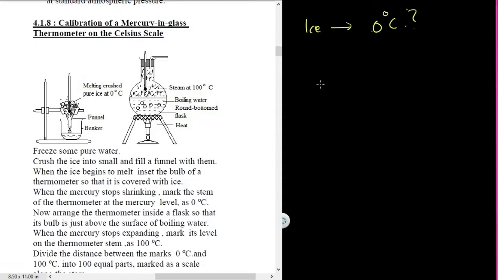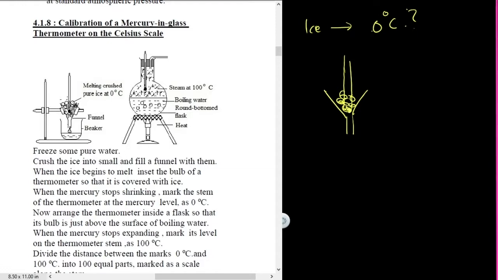After you get the ice, crush it, and then fill the funnel. You put ice in the funnel. When the ice begins to melt, we put our thermometer without scale in this ice, so that the bulb is covered with ice.